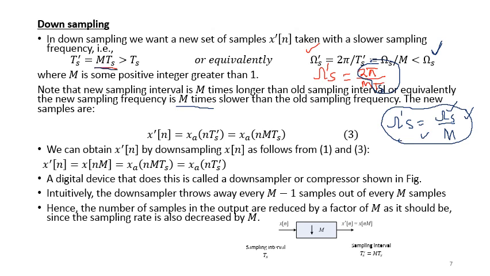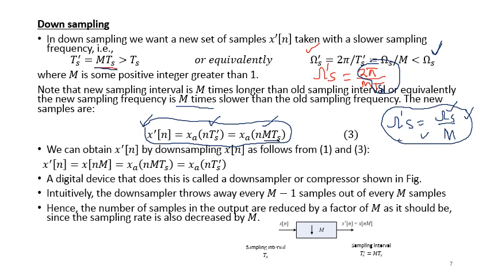So x'(n) equals x_a(n T's). Now T's is basically M Ts, so the new signal will be equal to the analog signal sampled at this time interval.